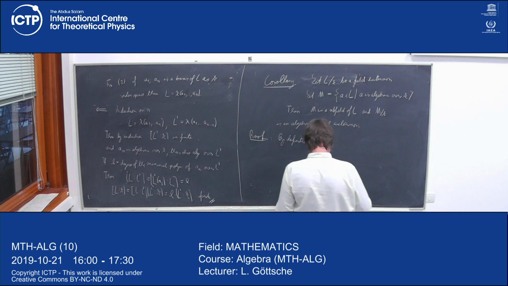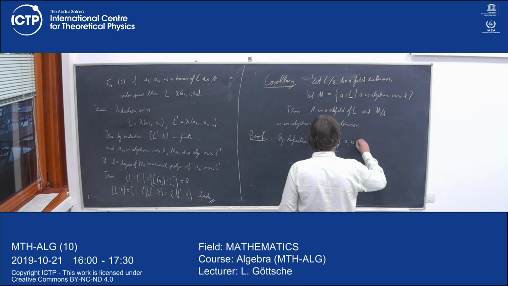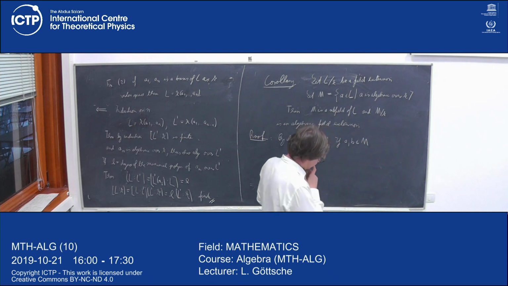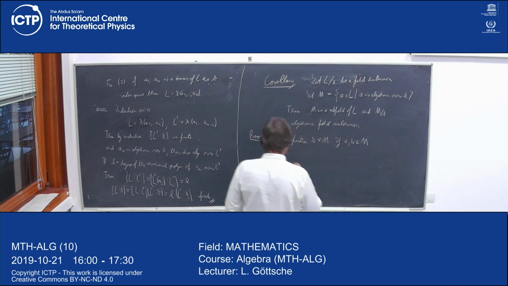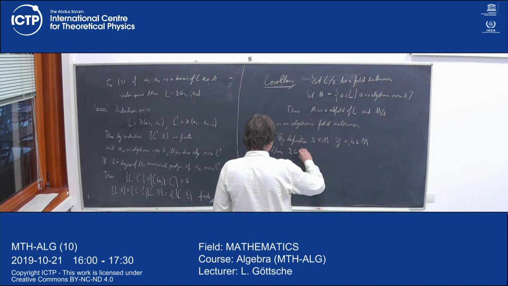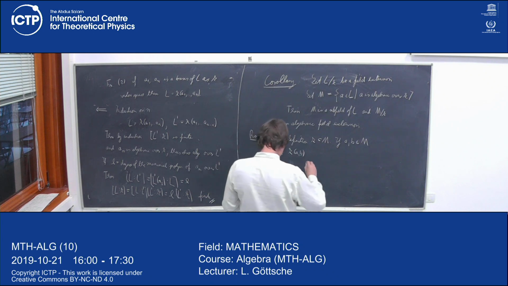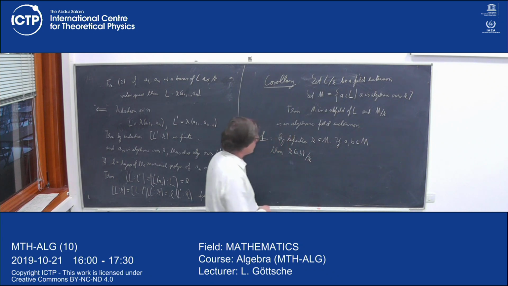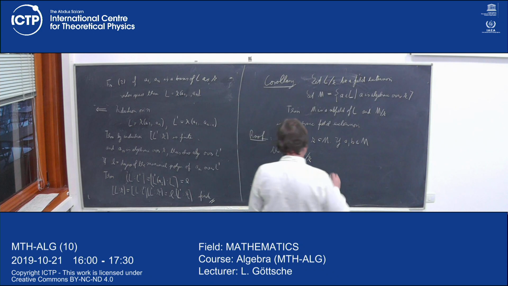So if I take two elements A and B in M, then the field extension K(A,B) over K is a finite algebraic extension.